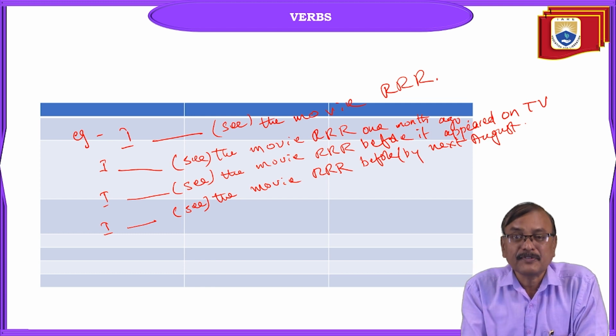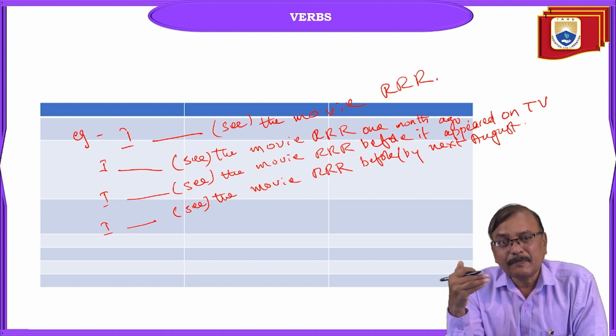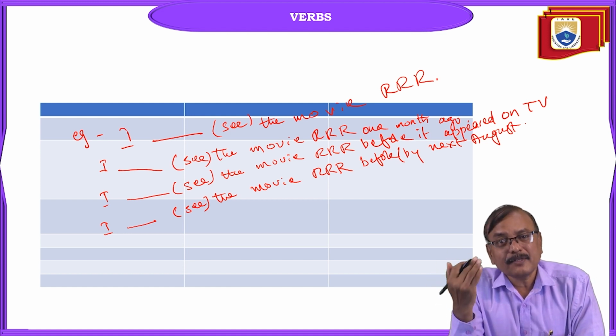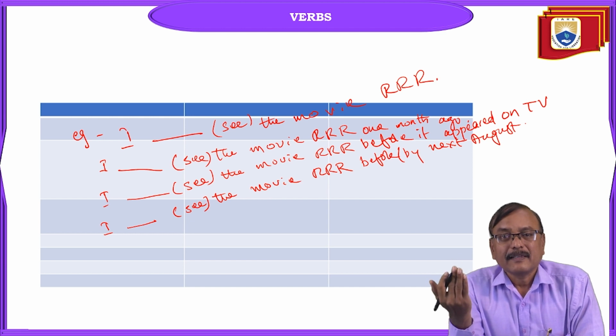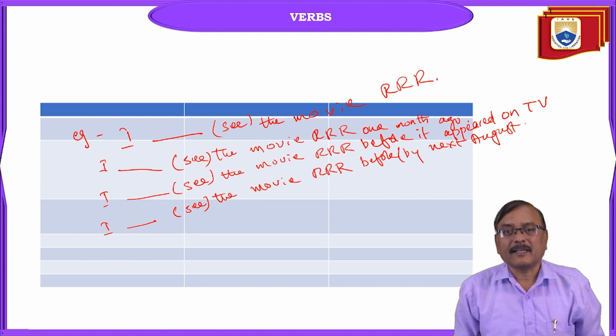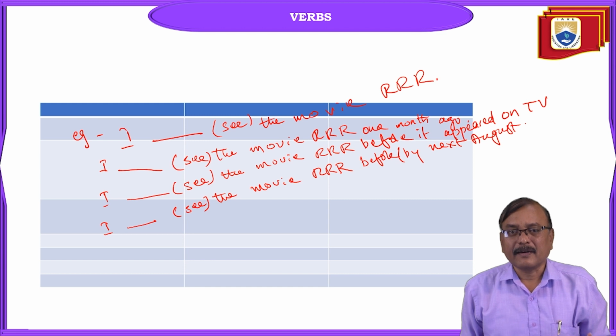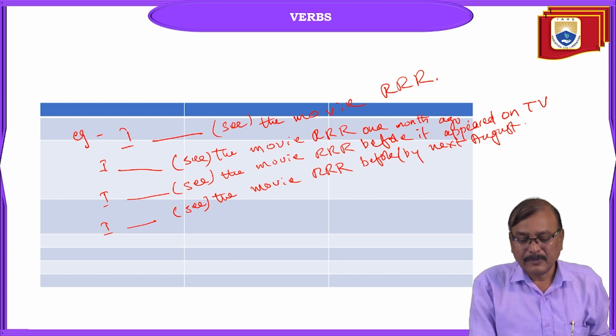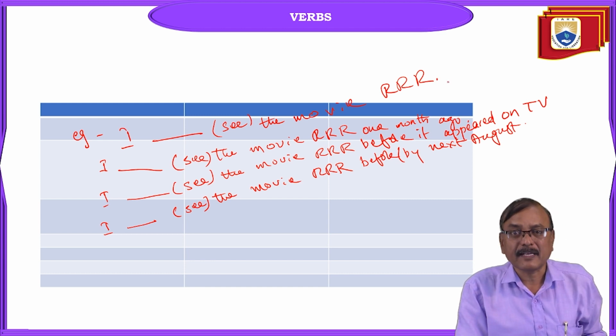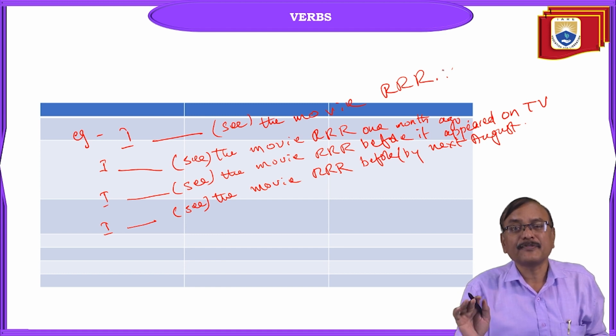But how can you say it is a future action in the examination? Of course, in your brain, if you think it is a future action, you can say I will see. But in any competitive exam or academic exam, you can't expect this as a future action because future time is not mentioned. So when future time is not mentioned, don't consider it as a future action.